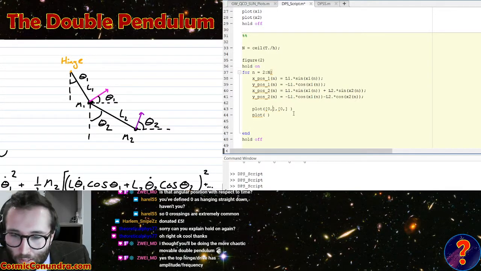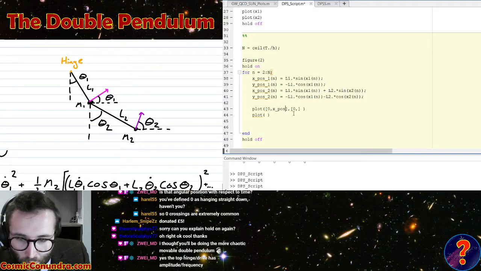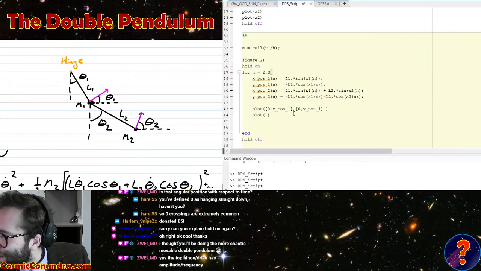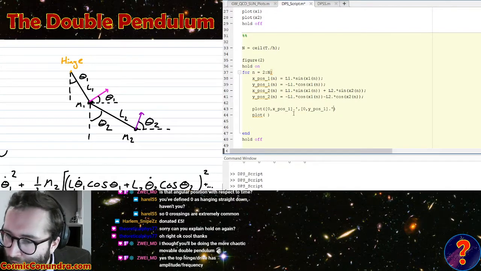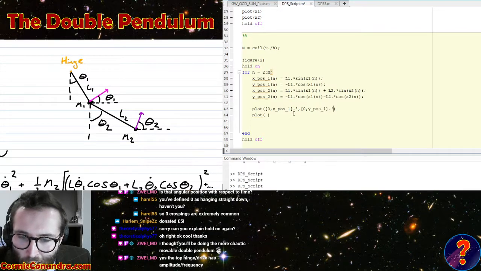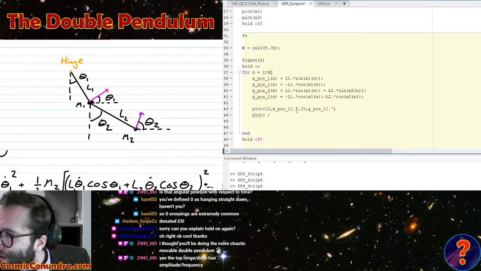So this would look like zero. So I'm drawing 0 to the position of the first mass, and then 0 to the position also of the first mass. And actually there's some odd notation you have to put in that somehow tells it to draw a line segment. I've never seen this notation before, but apparently if you put a dot and colon, it draws line segments between these coordinates. Which is quite odd.